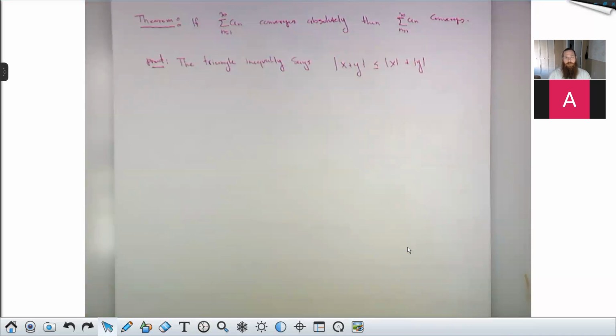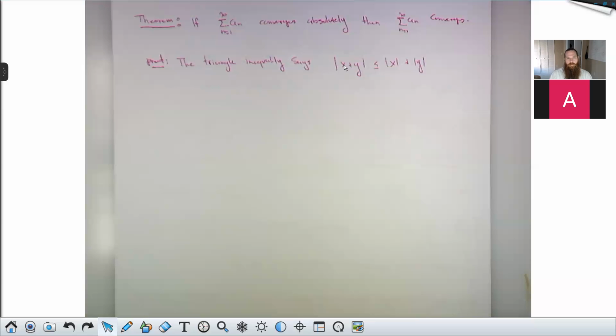If you think about this for a minute, it makes good sense. Try plugging in some numbers for x and y. If x and y have the same sign, both negative or both positive, then the left-hand side is equal to the right-hand side. But if x and y have opposite signs, one is positive and one is negative, then the left-hand side will be strictly smaller than the right-hand side. Because here you're going one way with one of them and the other way with the other.